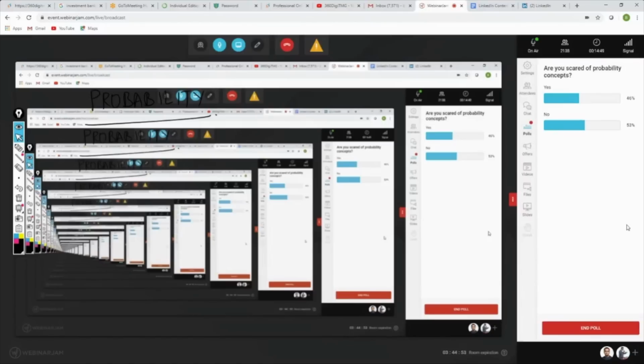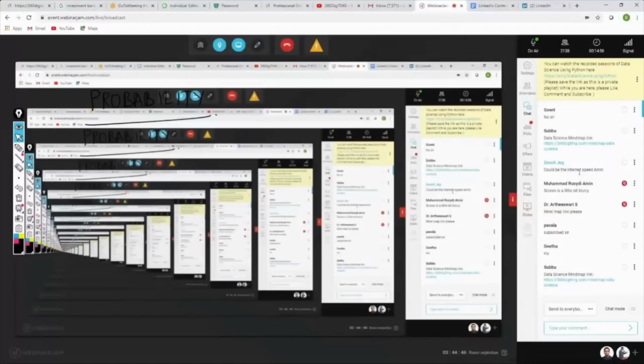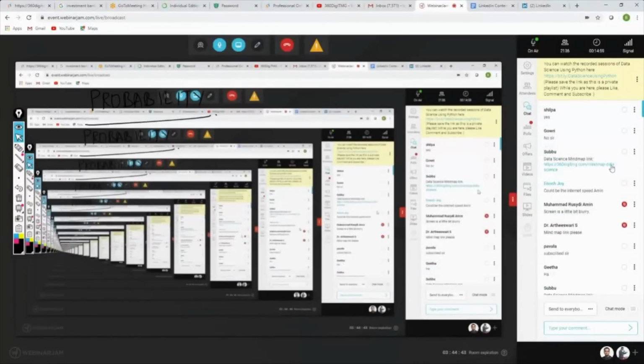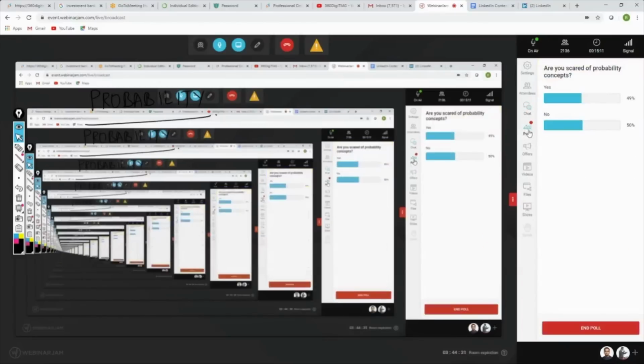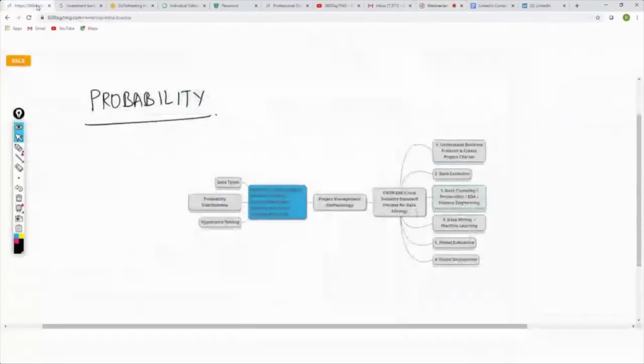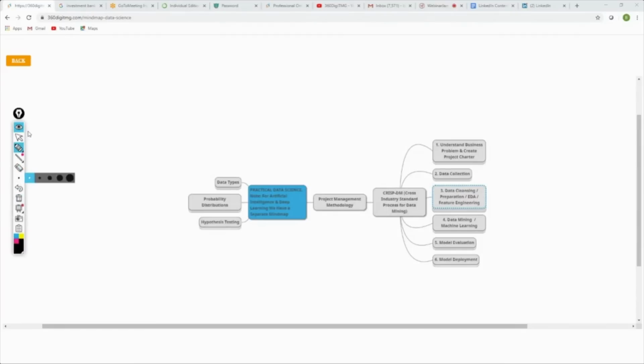Oh my God, probability, once again. But we will ensure that this concept is something that we all like. We all are going to like this, no doubt about that. You love it? Wonderful. If you don't love it, then you'll start loving it. All right. Very simple, friends. Nothing is alarming here when it comes to probability.